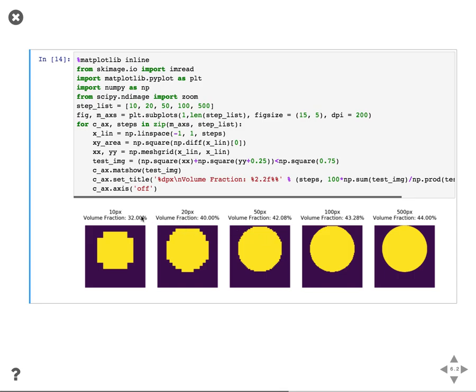And so here with 10 pixels, we end up with a volume fraction of 32%, 20 pixels, 40%, 500 pixels, 44%. And so the actual object hasn't changed in size or volume fraction at all, but the perception of what that volume fraction is has changed because our ways of sampling it have become sort of less coarse.